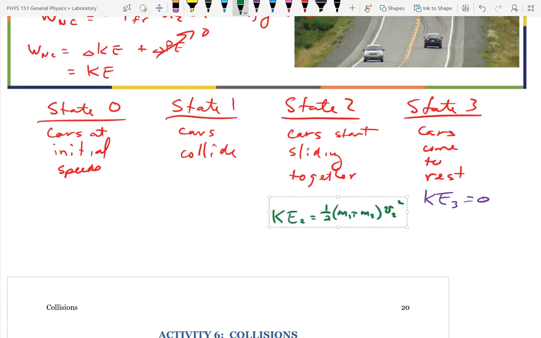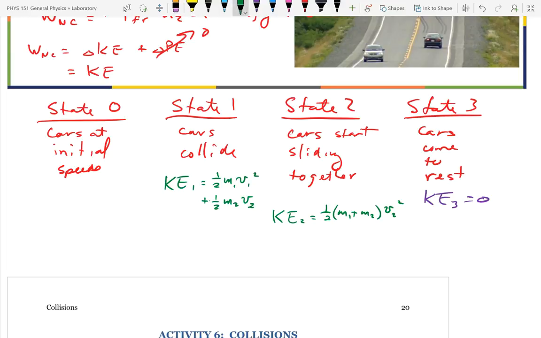I'm going to change colors here. State 1 is just before they collide, so they have different speeds. I need speed 1A and speed 2A.